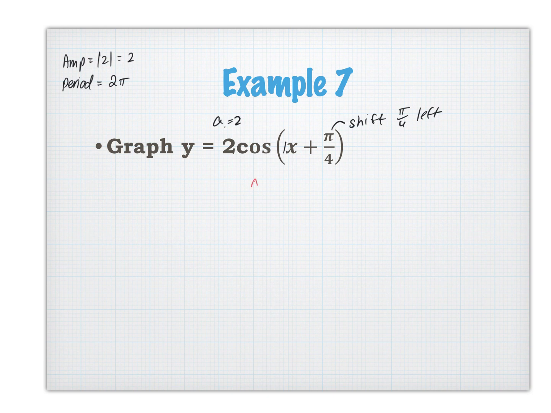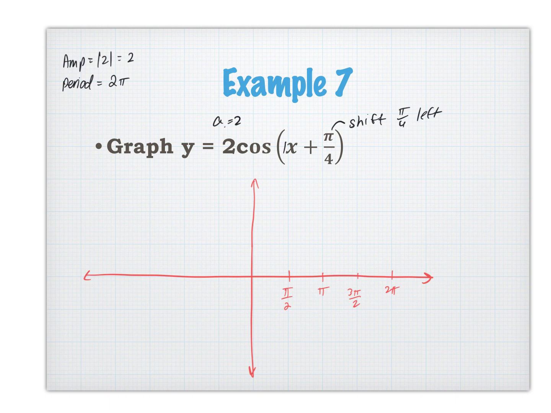So what we're going to do is draw the original graph here, with our original 2 pi period. Our 4 tick marks, 1, 2, 3, 4, and because we've done these so many times now, it's pi over 2, pi, 3 pi over 2, and 2 pi. So we're just going to do the right side for right now.